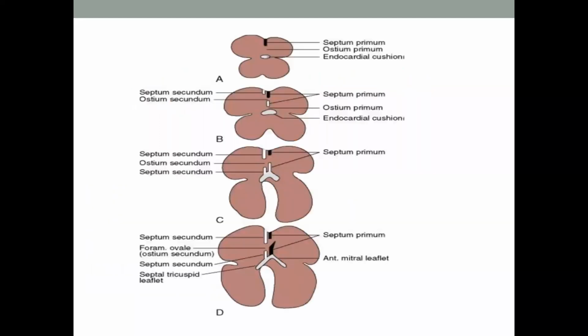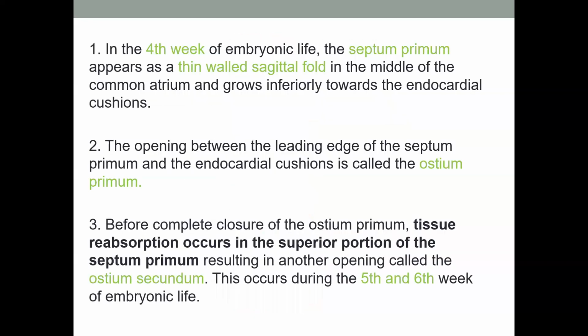ASD embryology, all of us have a great understanding. This is something which we all know, but that is not what we discuss. There is septum primum, then there is ostium primum. The ostium secundum is actually a break in septum primum, and then there is a flap-like connection.